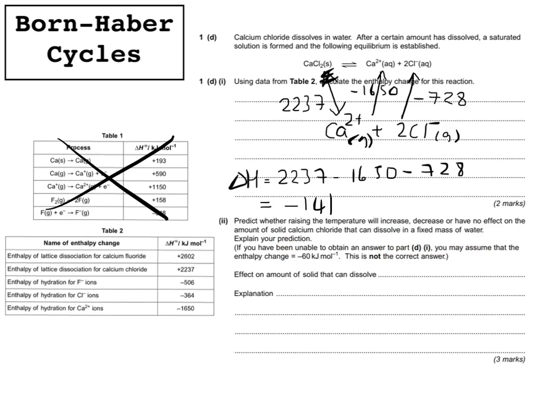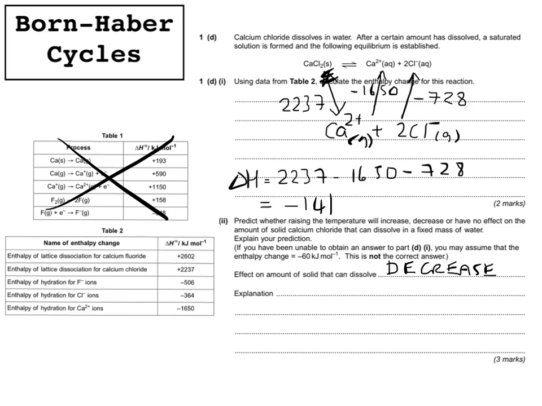Explain your prediction. So if we increase the temperature, this equilibrium is going to shift to the endothermic side, which, as you can see, the forward direction is exothermic, and therefore the endothermic side is the left-hand side. And that's the side where we have solid calcium chloride, not dissolved. And so this is going to decrease the amount of solid that can dissolve.